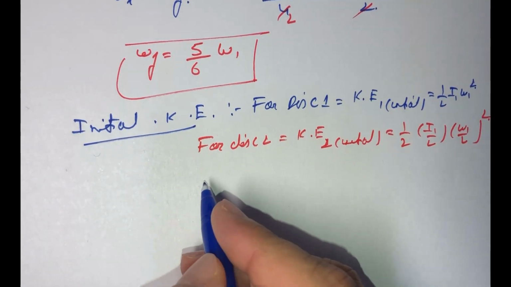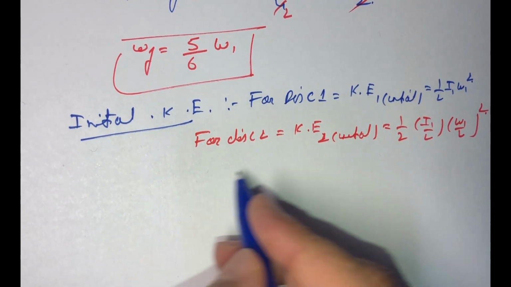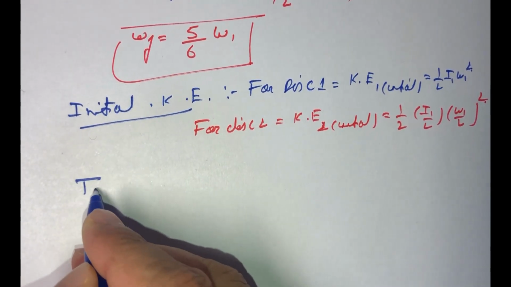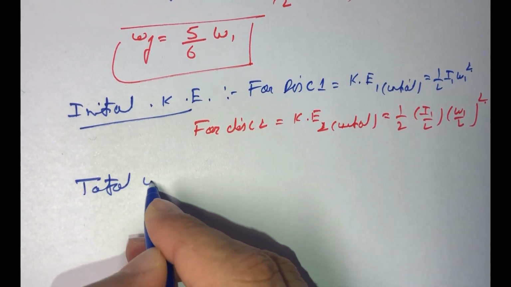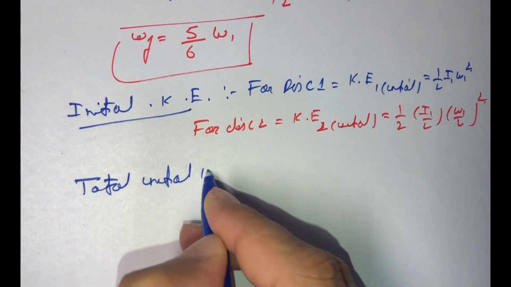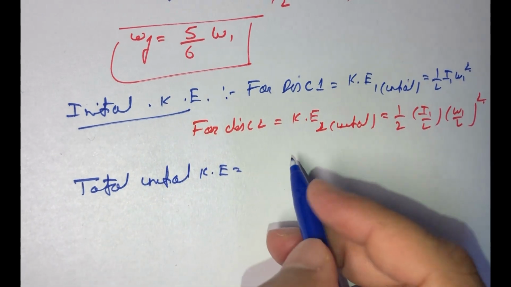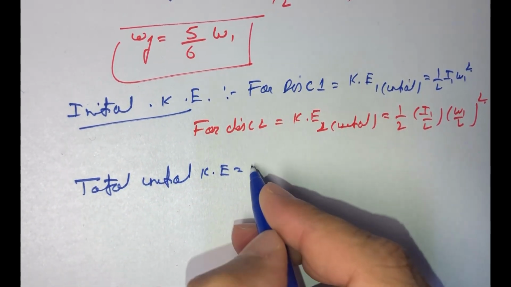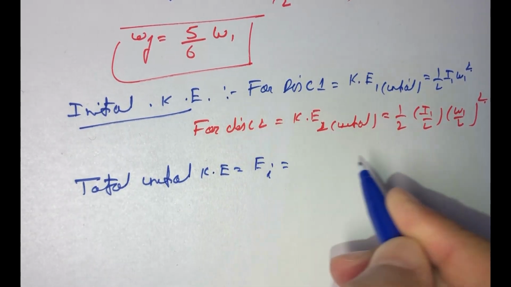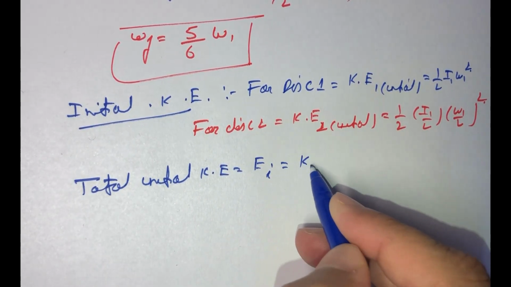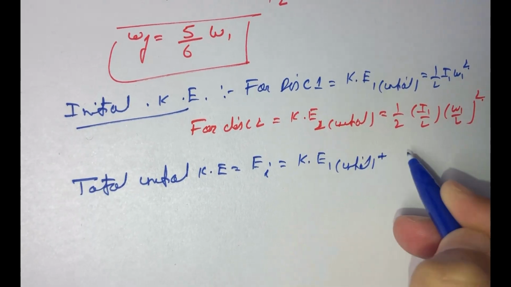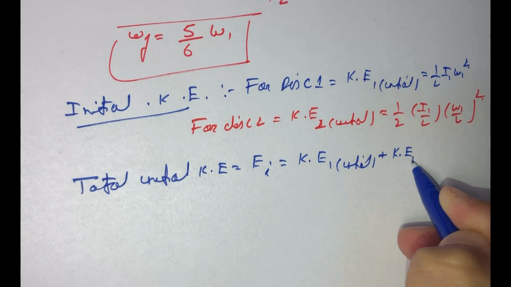So the total initial kinetic energy, which is given as EI, is equal to KE1 initial plus KE2 initial.